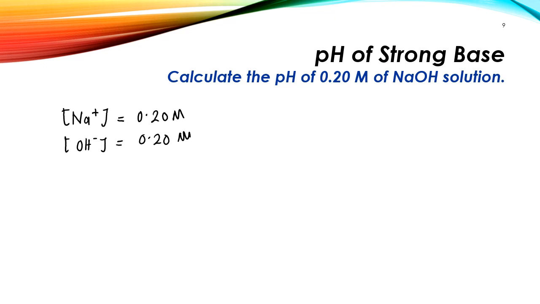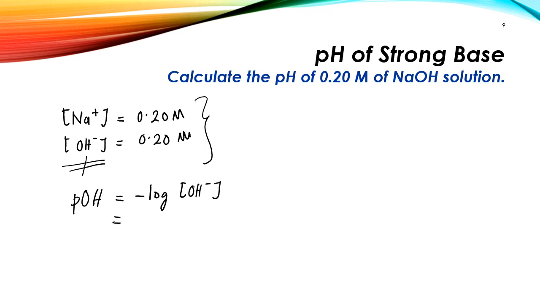To determine the pH, we need the concentration of H+ ion. But from the calculation using the ICE table, we only have the value of OH-. So, how do we determine the pH? We can determine the pH by calculating the pOH first, using the concentration of OH- in the formula negative log of OH- concentration.